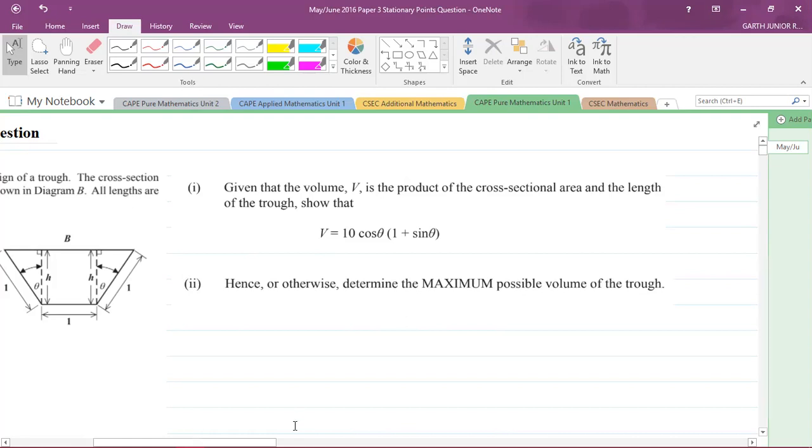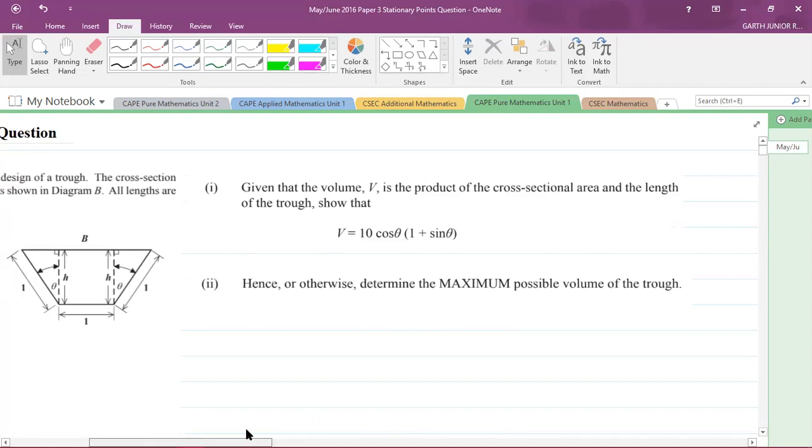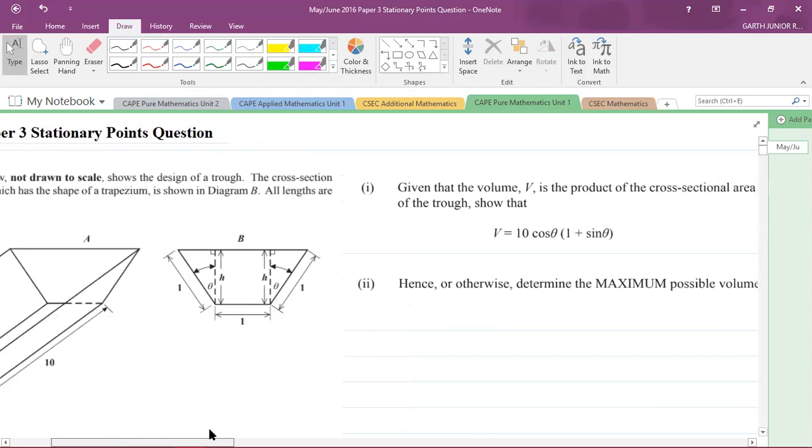We need to find the volume of the trough, so I'm going to find the cross-sectional area first, the area of the cross-section. I need to find the area of figure B, which has the shape of a trapezium as they told us.